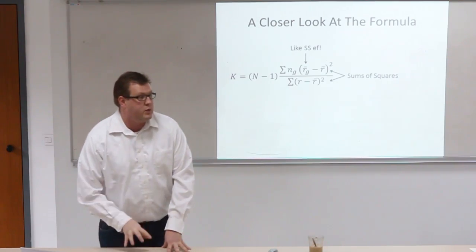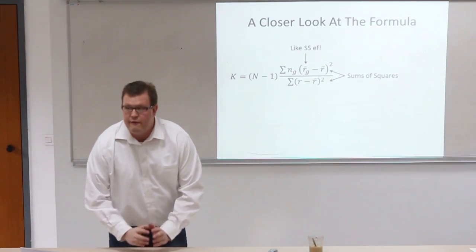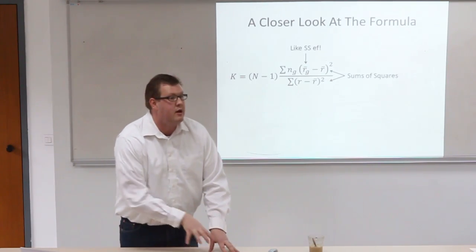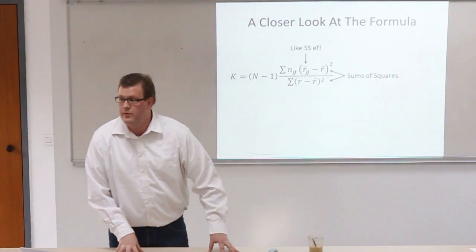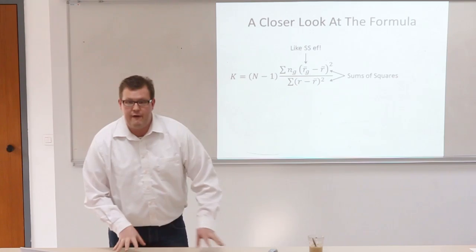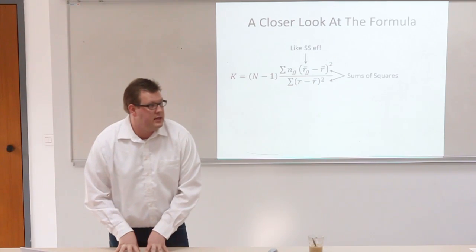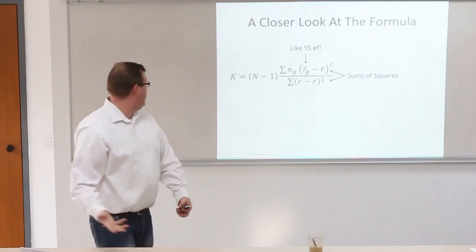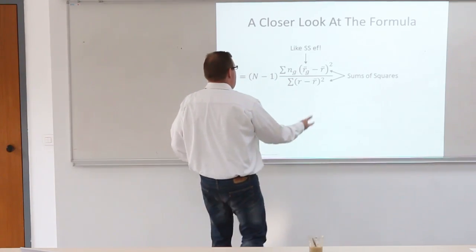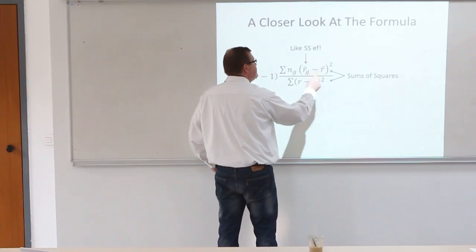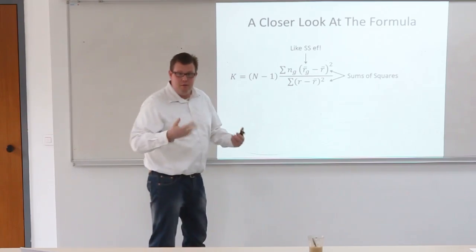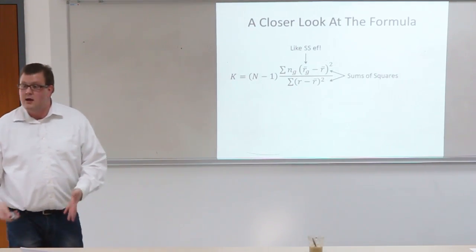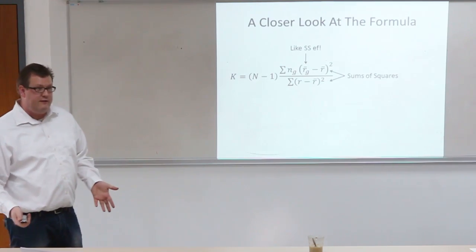What we did was we subtracted the grand mean from the group mean, right? So we found out what each group mean was, and then we subtracted the grand mean from it, and then we multiplied it by something. That's exactly what we're doing here. We're taking the grand mean and subtracting it from each group mean, and we're multiplying it by something. So that's very much like the sum of squares that we've seen previously.